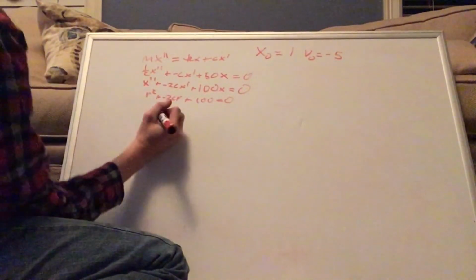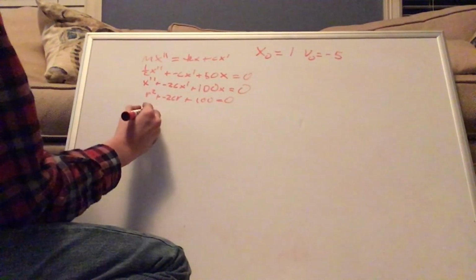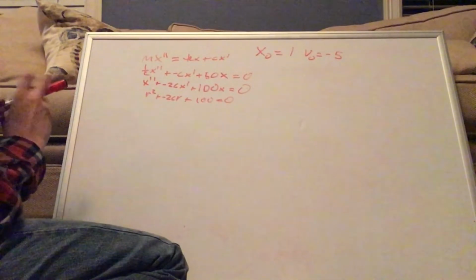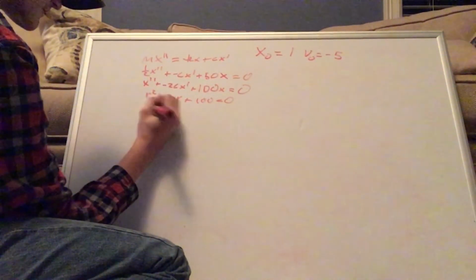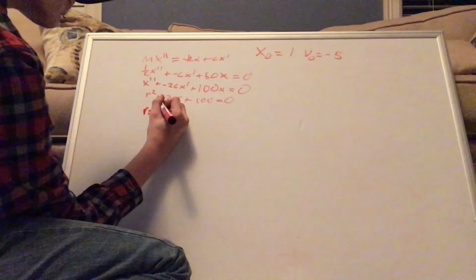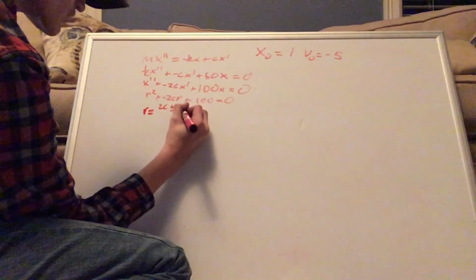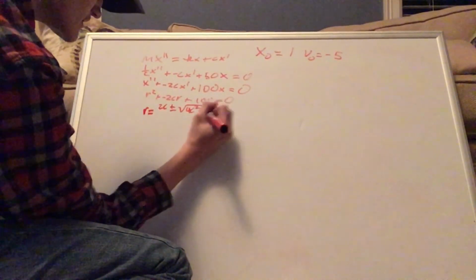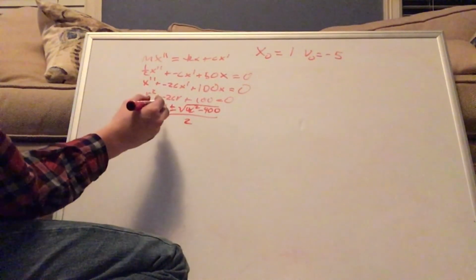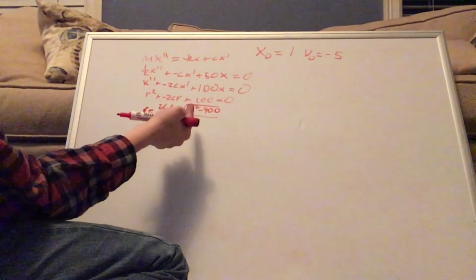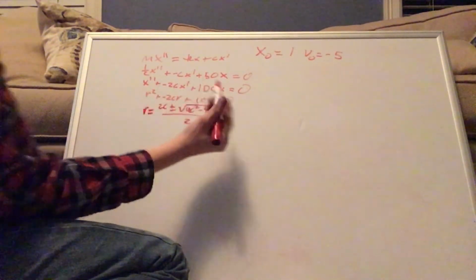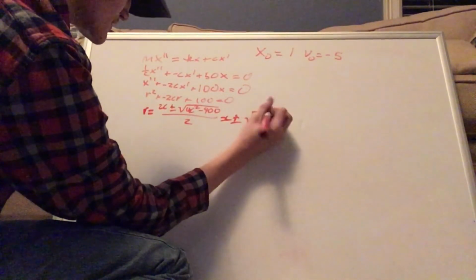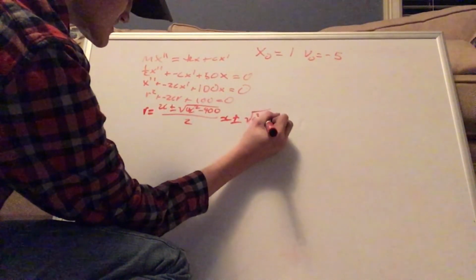So let's plug it into the quadratic equation. Let me use the other side since this one is starting to get a little bit dry. r equals 2c plus or minus the square root of 4c squared minus 400 over 2. Factor out the 4, square root, so it's 2. Multiply the 2's, that is c plus or minus the square root of c squared minus 100.